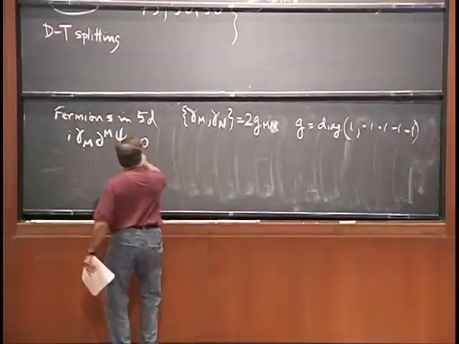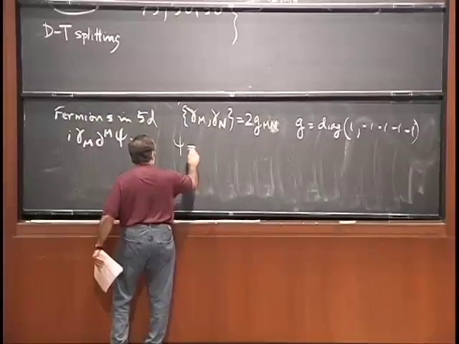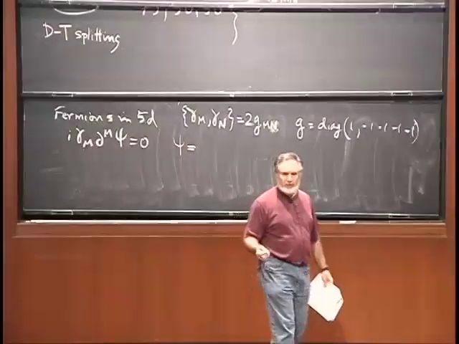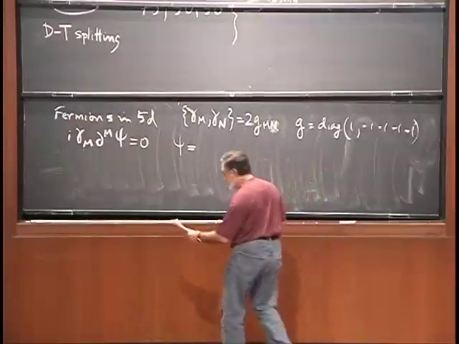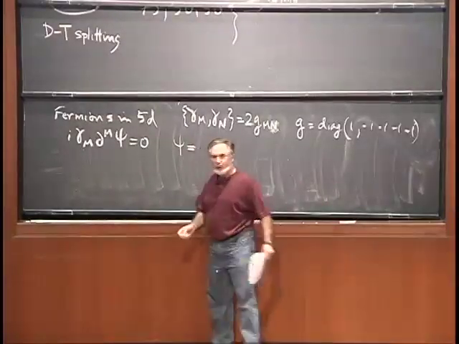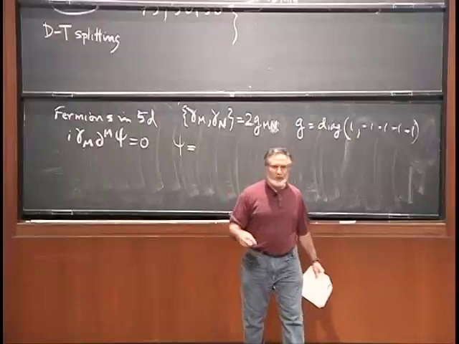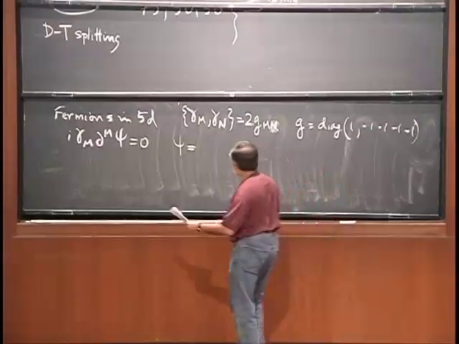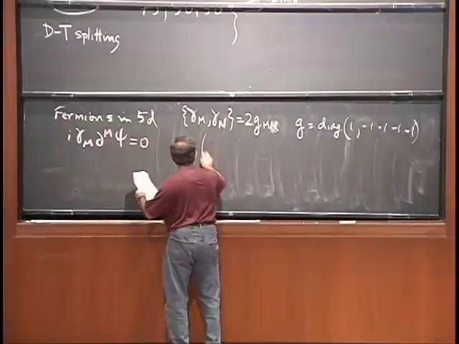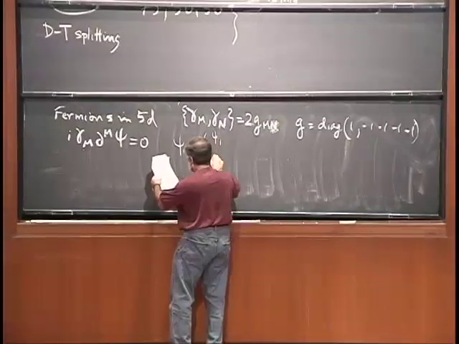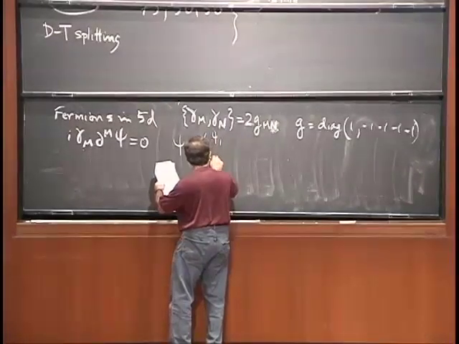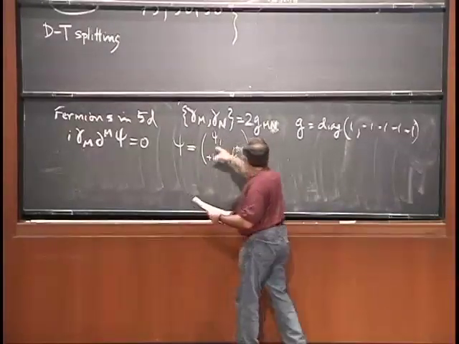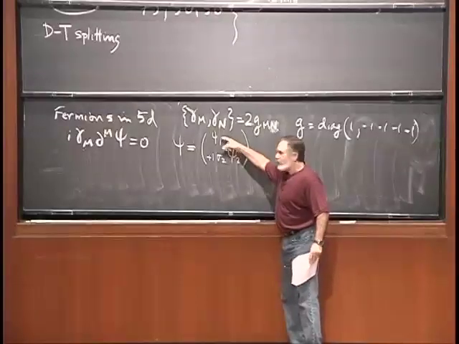Okay, this Dirac spinor, or this 4x4 matrix, 4-component spinor in 5 dimensions, will break up into 2 Weyl spinors when we look at 4 dimensions. So we can rewrite this as a field containing 2 4-dimensional Weyl spinors.